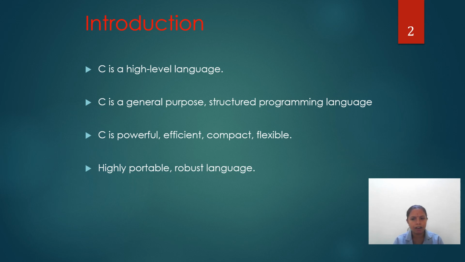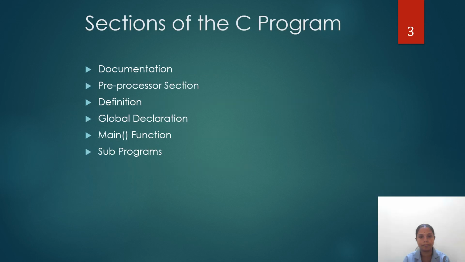It is very powerful, efficient, compact, and flexible, and a highly portable language. Why is it called portable? Because it can be used in any operating system without changing the basic structure, and it is also a robust language. It has many built-in functions and operators that are used to design many complex C programs.